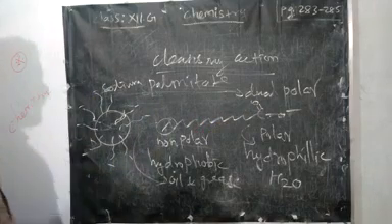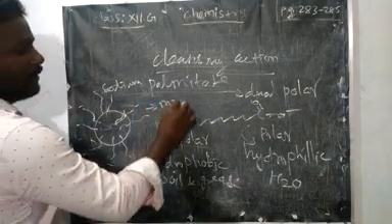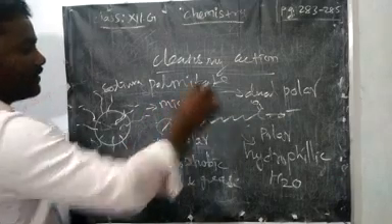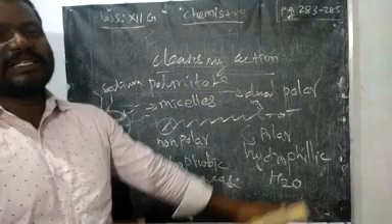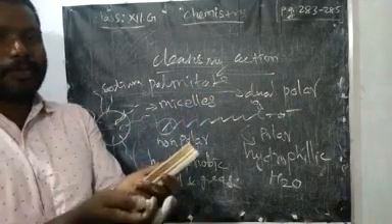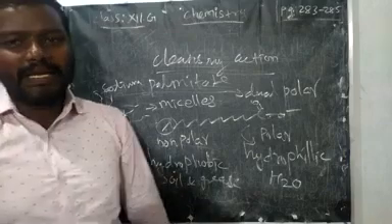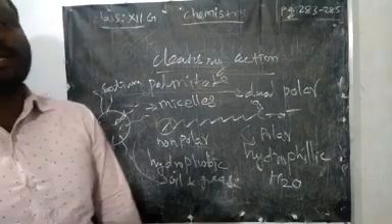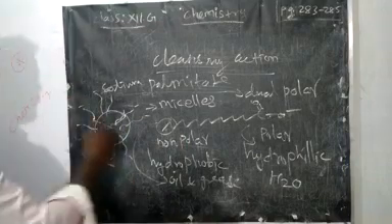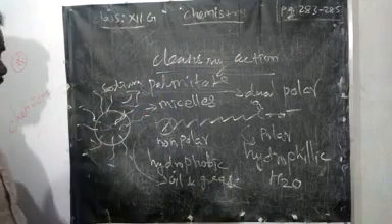This drop-like structure is formed. This is nothing but a micelle. Because of this micelle formation, it forms small drops, which are washed away with plenty of water, so that the dirt is removed from the clothes. That reaction is called the cleansing action of soap.